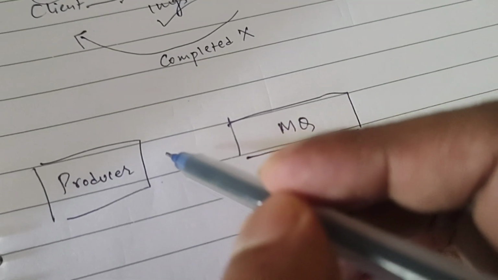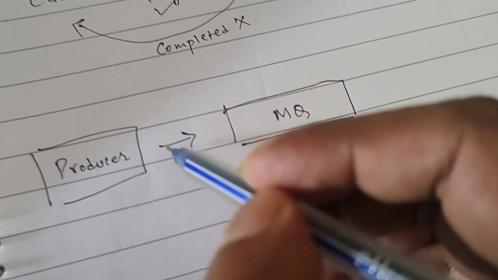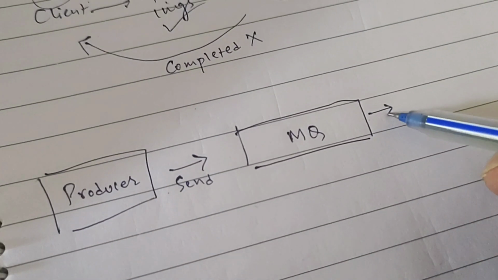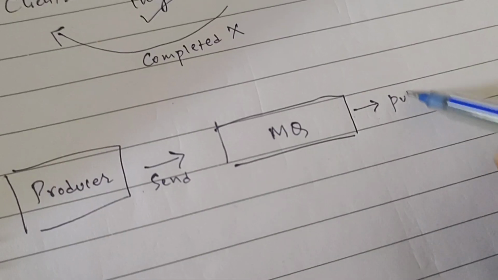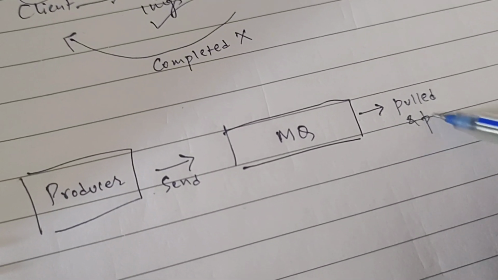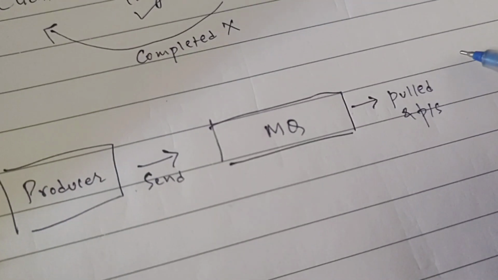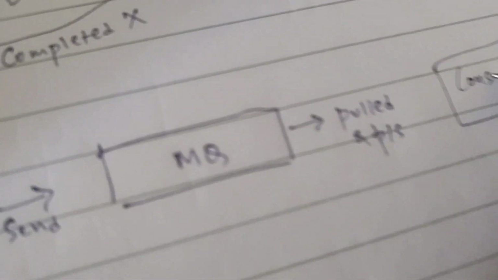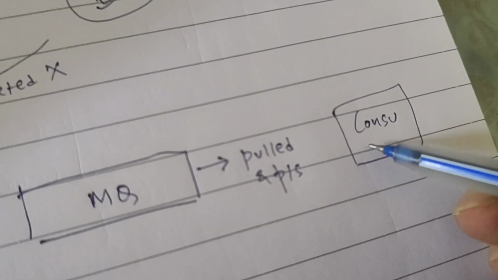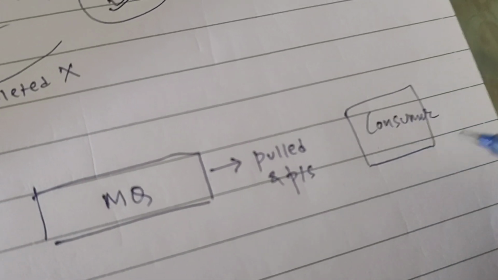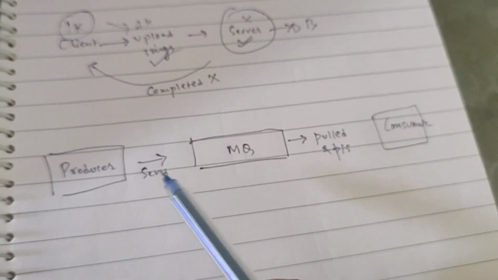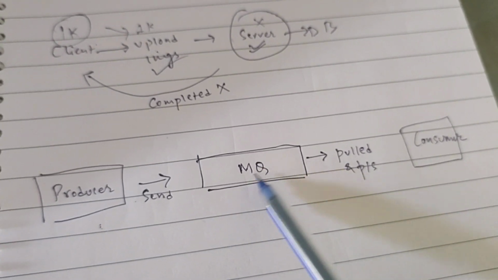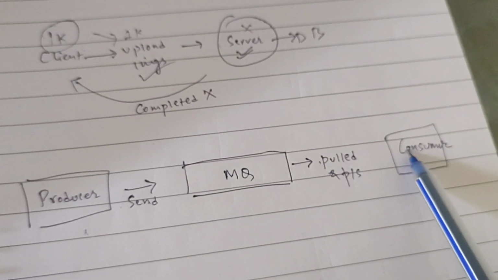The producer's work is to send the messages to the message queue, and from there they get pulled and processed by the consumer.